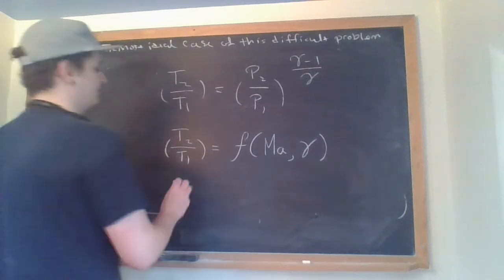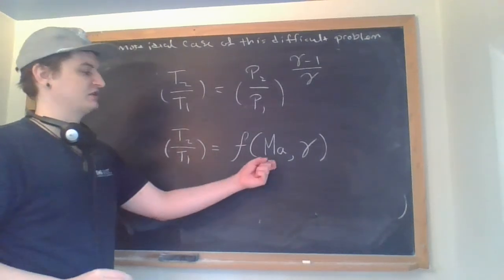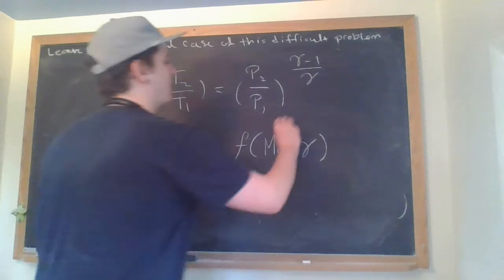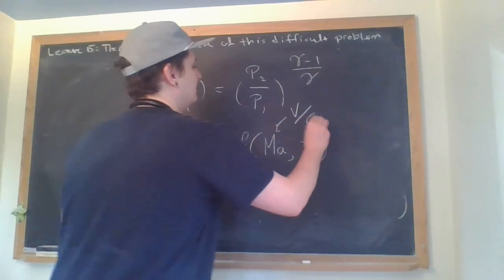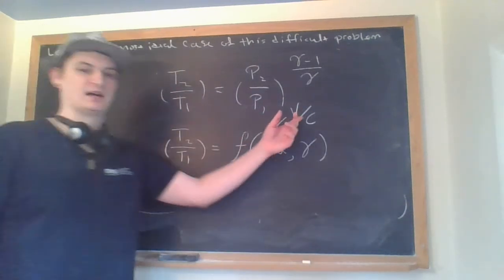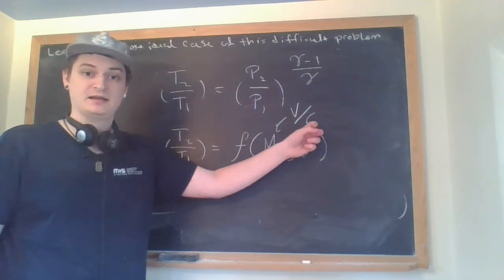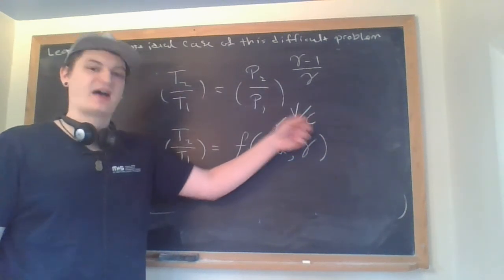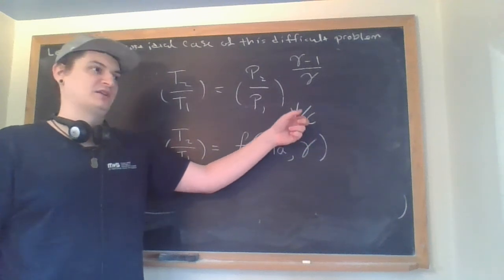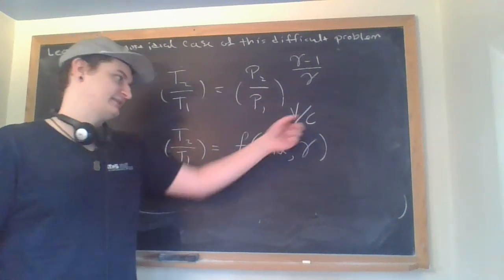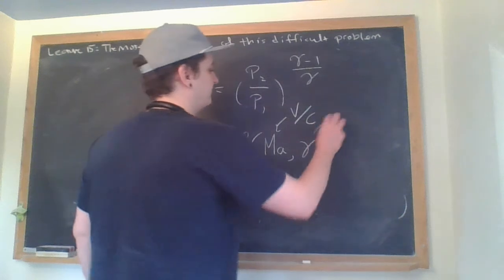So I want this relationship to be some sort of function of the Mach number. Remember that Mach is just the velocity you're going divided by the speed of sound. It's a non-dimensional velocity, but you're non-dimensionalizing your velocity by a very special velocity. It's the fastest that a pressure wave can go in the medium it exists in.